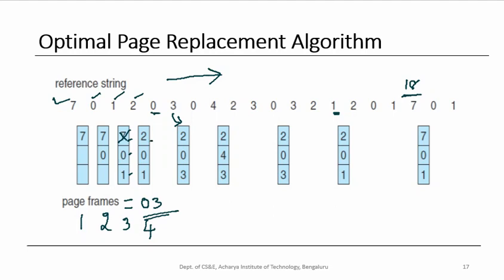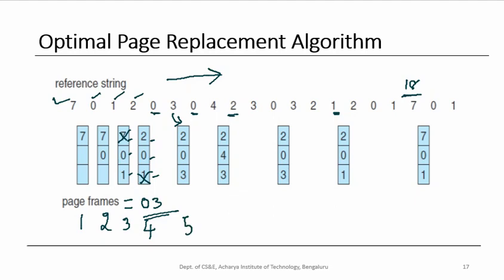Now we have pages 2, 0 and 1, and there is a reference to 0 immediately after this, and there is a reference to 2 also after that, but there is a reference to 1 after the 2. So you can select 1 as the victim page and put 3 in place of that. So this is also a page fault.